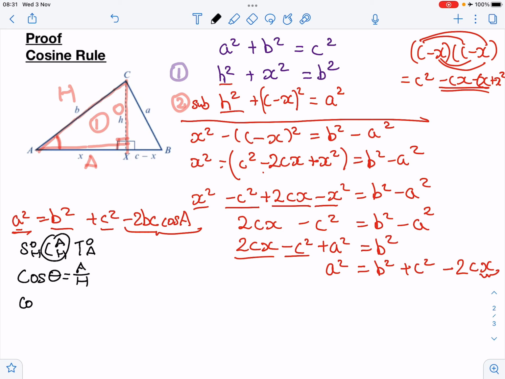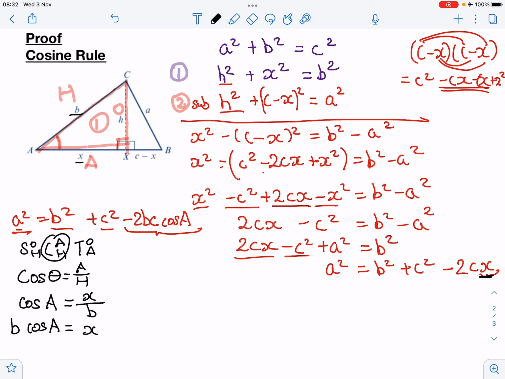Therefore, cos A equals adjacent, which is x, over hypotenuse, which is b. We want to find out what x is. Rearranging, x is the same as b cos A.